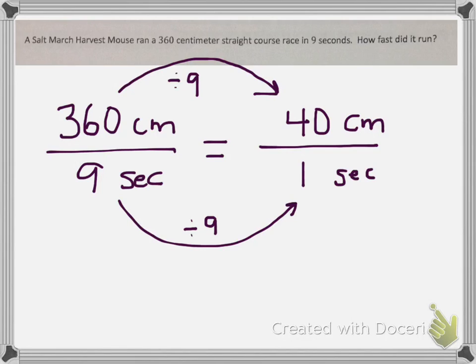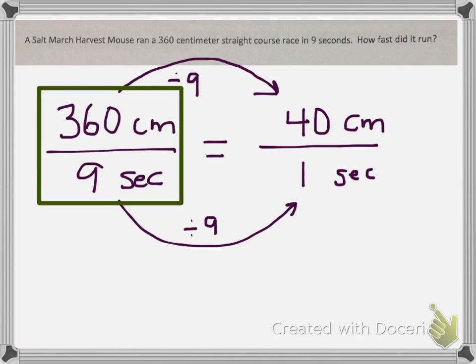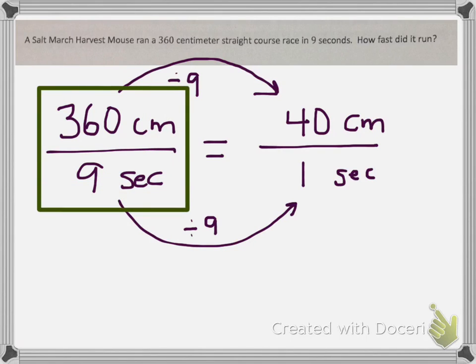I could also understand that if I take this rate that I began with and I just do what the fraction tells me, it will also give me a rate. 360 centimeters, the fraction bar means divided by 9 seconds. 360 divided by 9 is 40 centimeters per second. So I can use that idea as well.